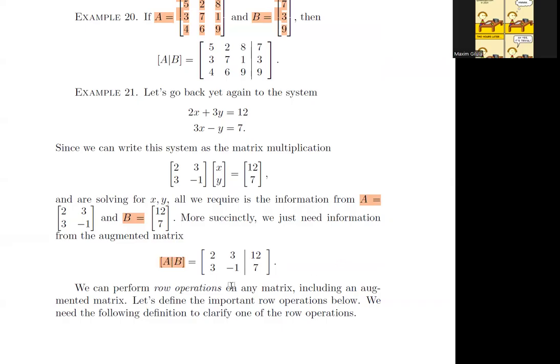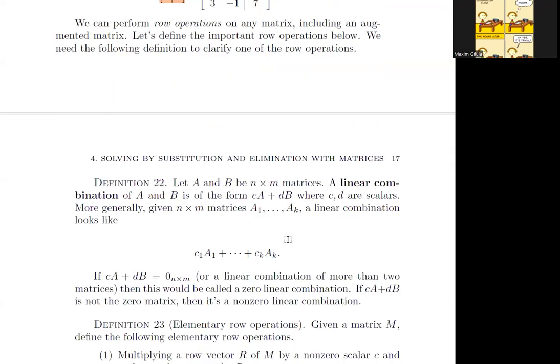Now we could perform row operations on this matrix, which we'll define, including an augmented matrix. Augmented matrix is just notation for a different kind of matrix where this divider helps us organize the entries. But it's still a matrix. It's a 2x3 matrix.